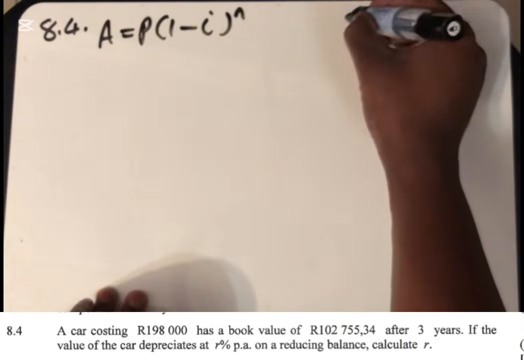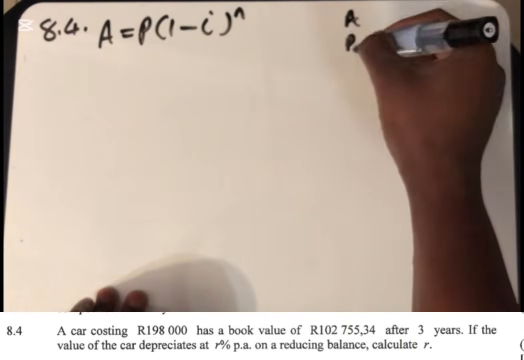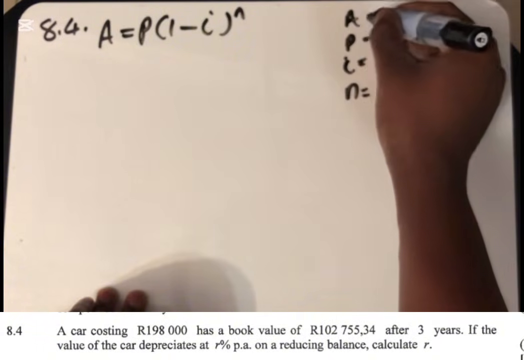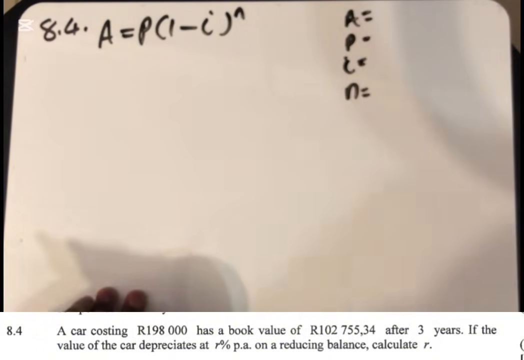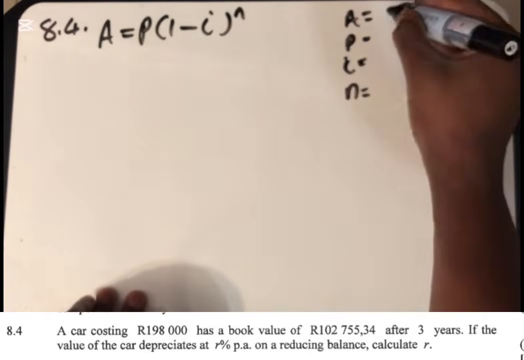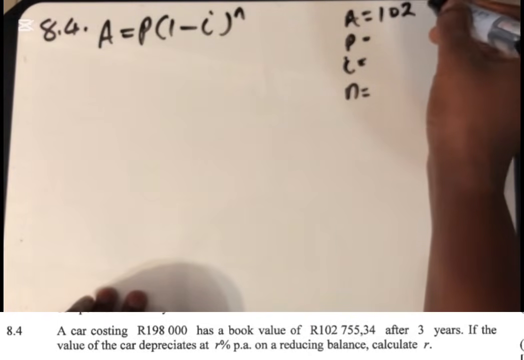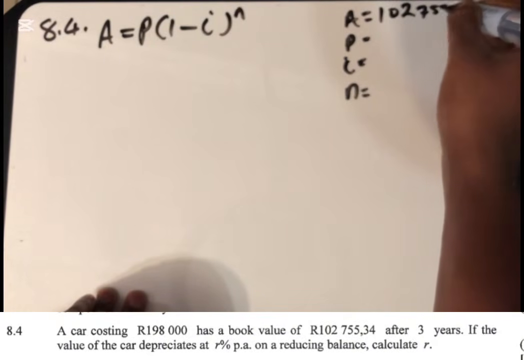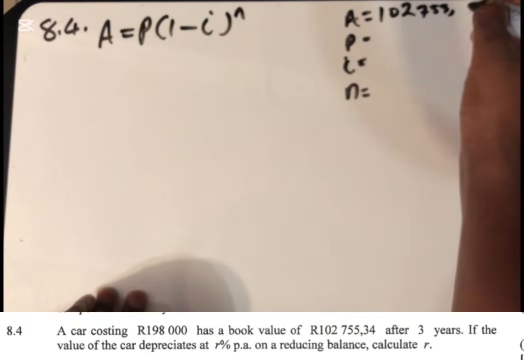So let's write the information: A, P, i, n. The car's book value is now 102,755.34, so A is 102,755.34.